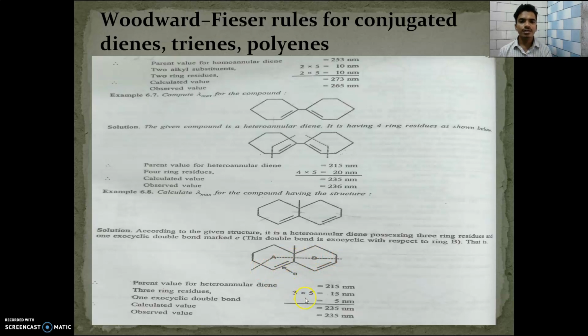So there are 3 ring residues, 3 into 5 is 15. And exocyclic: here the exocyclic double bond is on the B ring, so it becomes 5. So the total becomes 315. The same values are obtained from both the theoretical calculation and practical observation in this way.